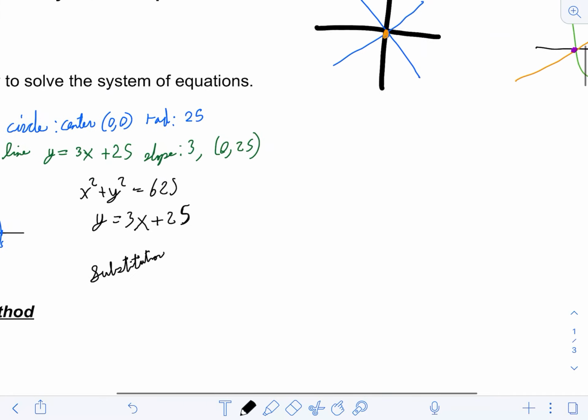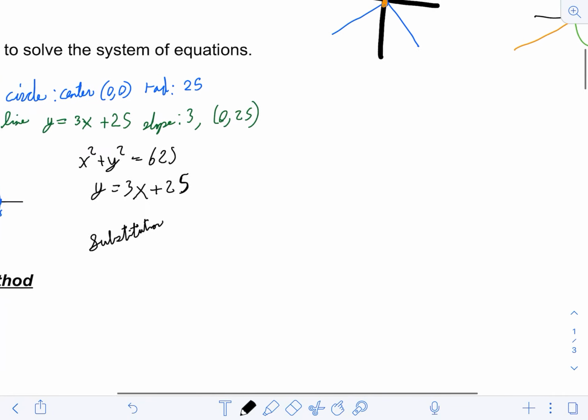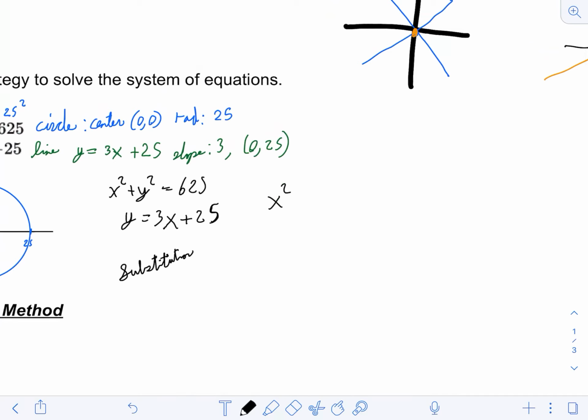With our substitution, we're going to end up like this. We've got x squared plus (3x plus 25) squared equals 625. Going ahead and just trying to solve this one, we got x squared plus 9x squared plus 75x.